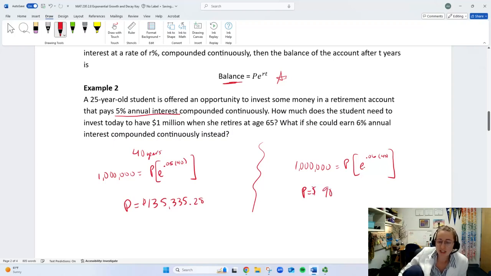So when I divide this e to the 0.06 times 40 over, I'll have 90,717.95 that she'll have to invest. So think about it, that's just 1% over the span of 40 years. And the difference that you are actually investing is more than 40K.